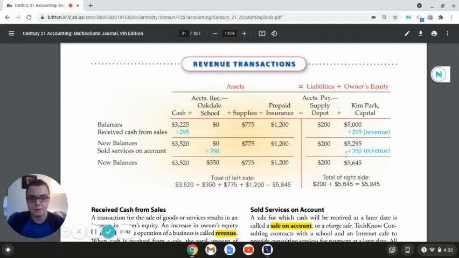And also our owner's capital account got increased as well, because if you notice again, we are on opposite sides of the accounting equation. So whatever we do on one side of the accounting equation, we have to do on the other, otherwise our accounting equation will not be in balance. And notice here that both of these transactions say revenue. That's because they are revenue transactions.